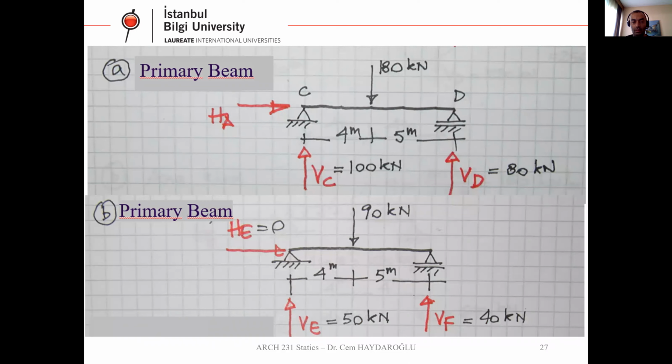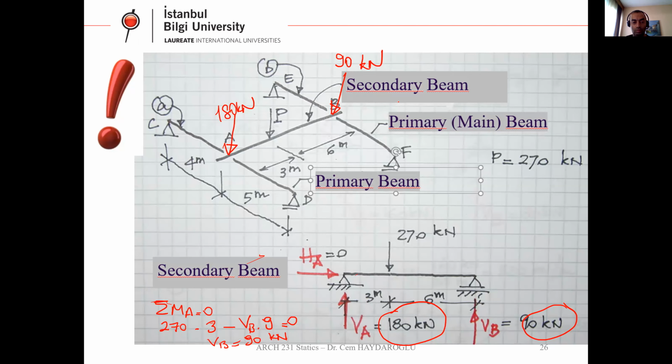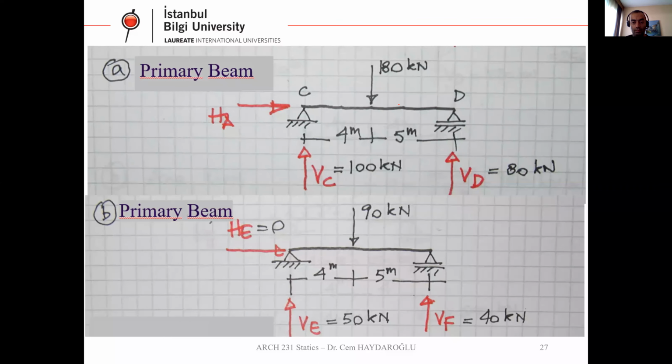If we have the first beam, you can see here the vertical load and its location and distances.